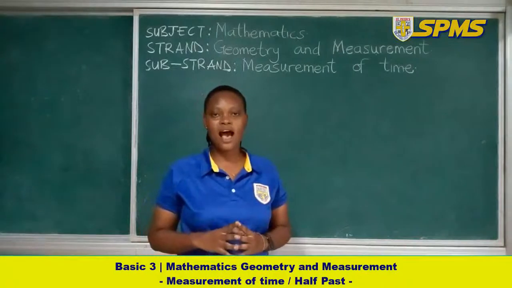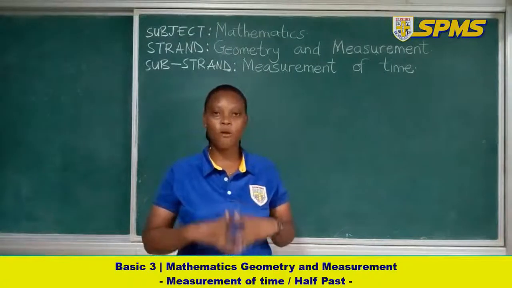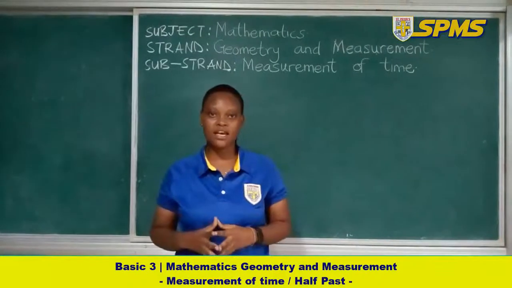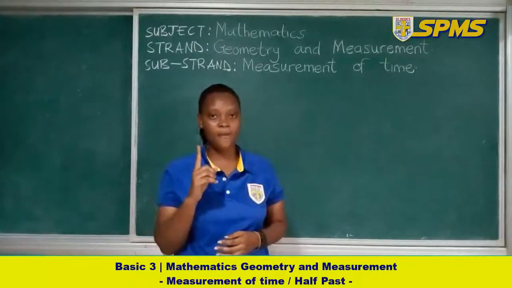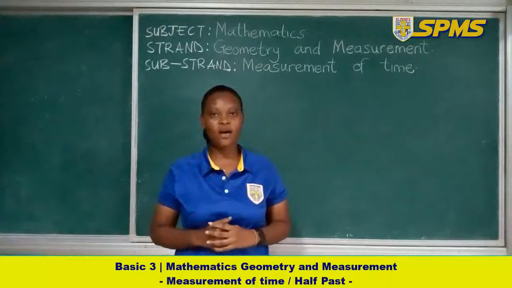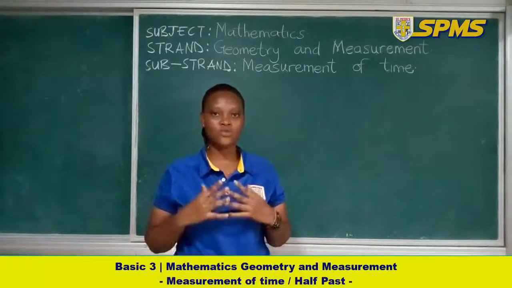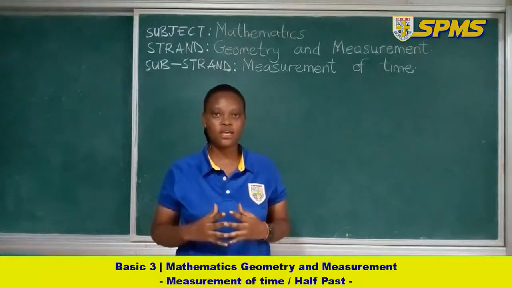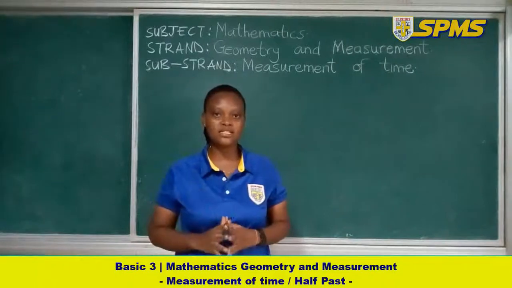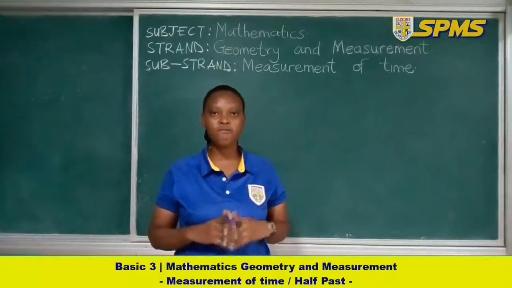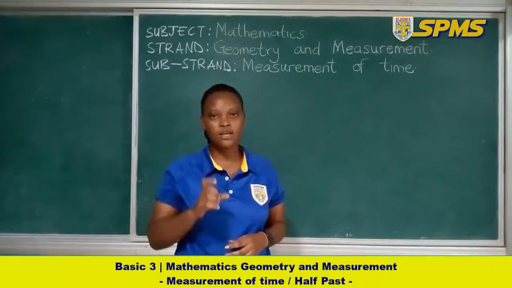And then the hour hand. With the hour hand, when it moves from one number to the other, it gives us an hour, or 1 hour. So if our long hand is on 12 and our short hand is on 2, the long hand, which is the minute hand, should complete its journey from 12 back to 12 for the hour hand to move from 1 to 2.